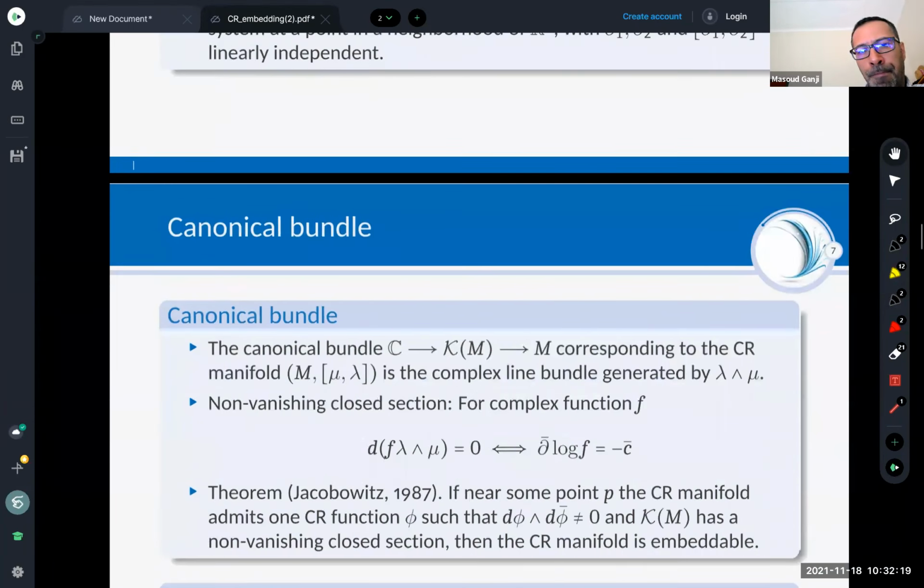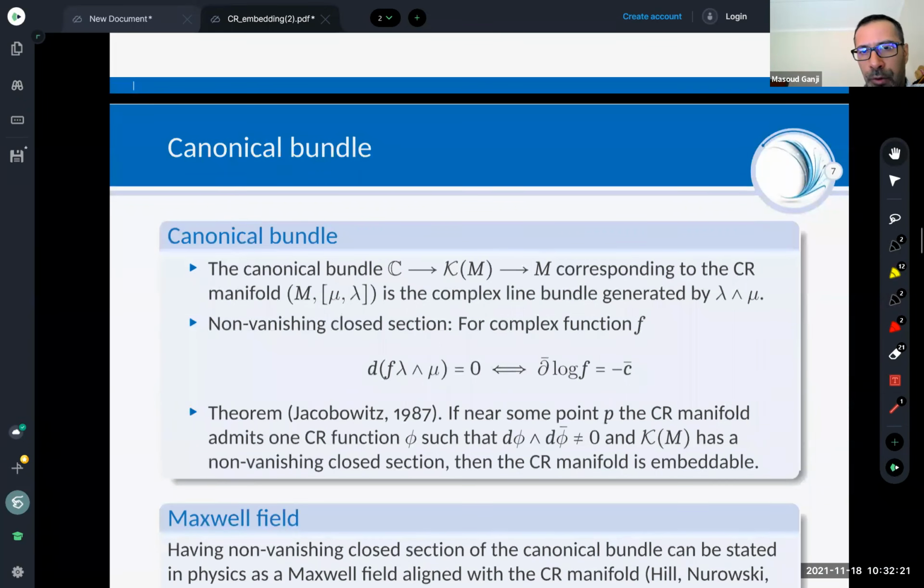Another notion is the canonical bundle, which was introduced by Lee, and Jacobowitz used it a lot. So based on our definition of CR manifold M, the canonical bundle is just generated by lambda wedge mu.